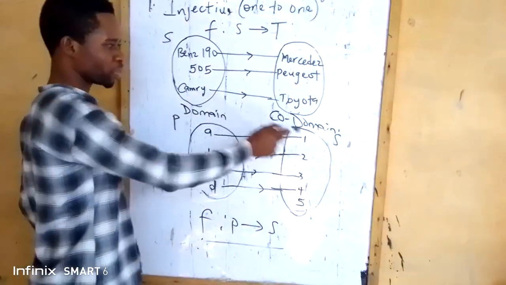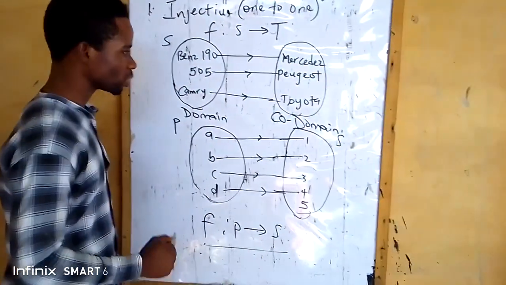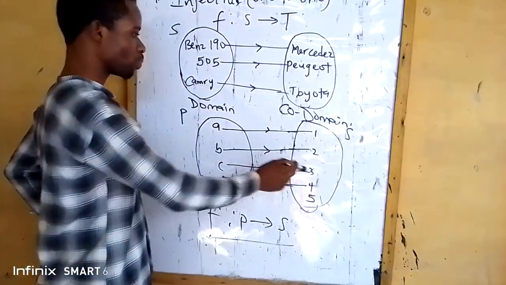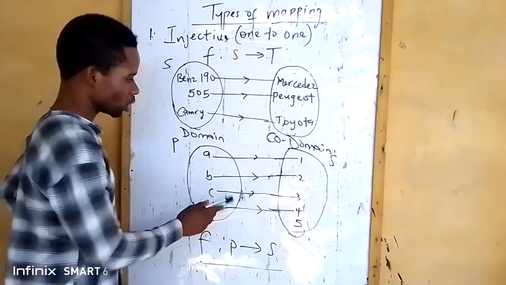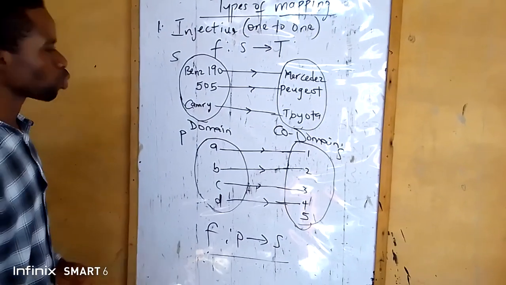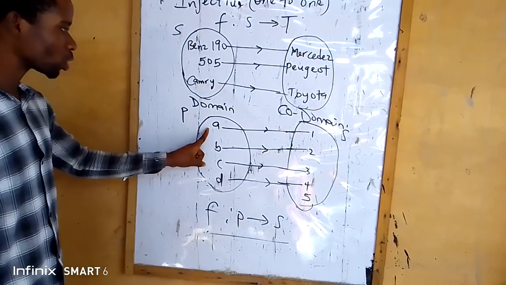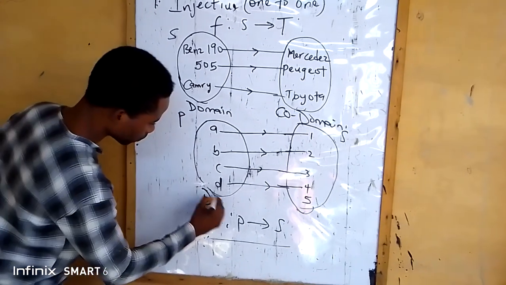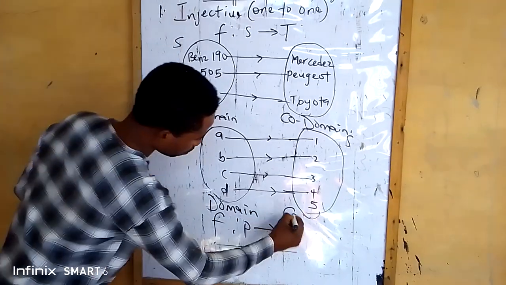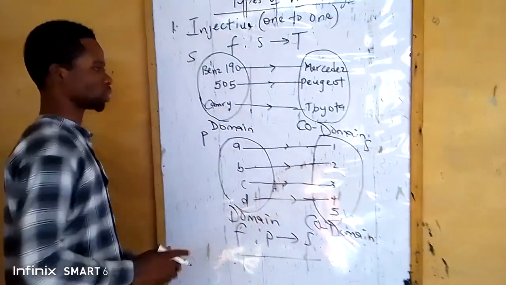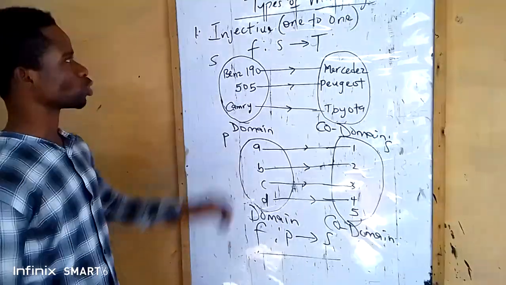Each element is uniquely paired with an element in the codomain. That is what we call one-to-one mapping. No element in the domain must pair with two elements in the codomain. So that's how we call it one-to-one.